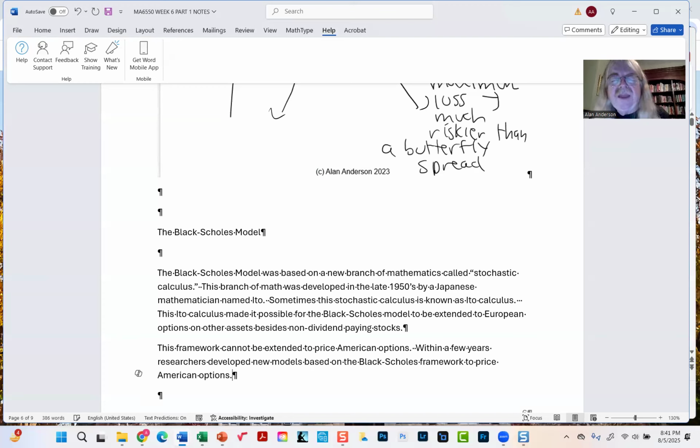But that took a few more years. But once that came about, suddenly it became possible to price almost any option in the marketplace. And so that's when option trading really took off in the United States. Prior to that, there were a small number of transactions each year, but it was very, very minimal.